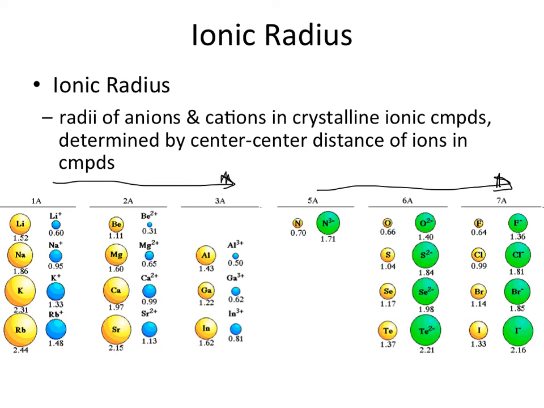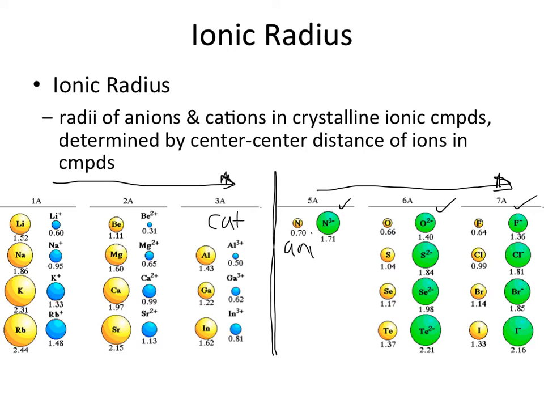However, what I want you to notice is that when we break between the cations and the anions, when we go from one side to the other, there's obviously going to be a size increase on the anion side, right? We just talked about why that's the case. So although the trend is true for the halves, the cation side and the anion forming side, it's not necessarily true all the way across the table. Okay, I hope you see that.